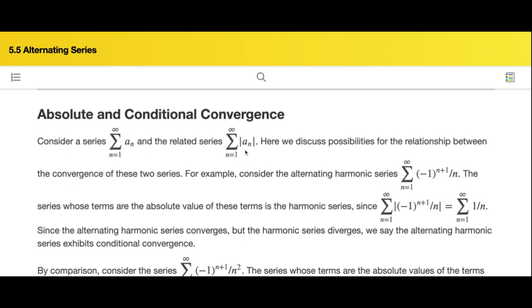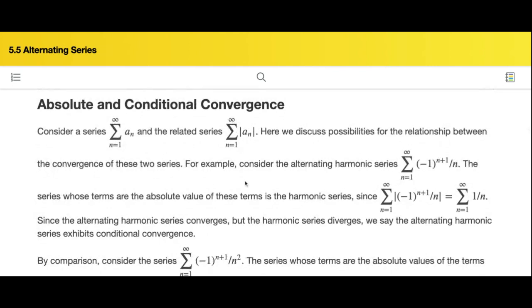The absolute value of it, they are related. Here we discuss possibilities for the relationship between the convergence of those two series. For example, consider the alternating harmonic series and the harmonic series itself. The series of absolute values is the harmonic series, and the harmonic series diverges. But the alternating harmonic series converges to ln 2.